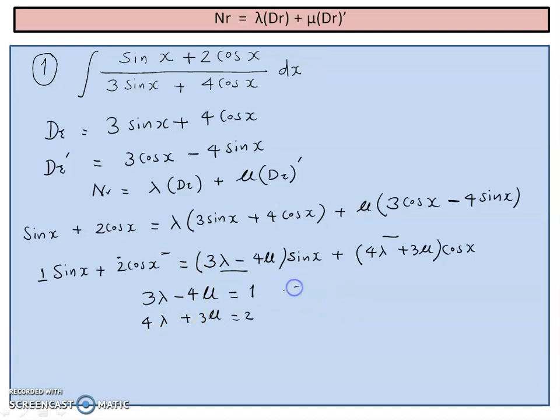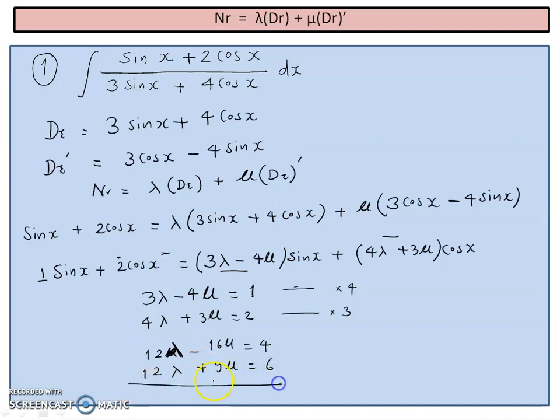Simultaneous equation: 12 lambda minus 16 mu is equal to 4 and 12 lambda plus 9 mu is equal to 6.